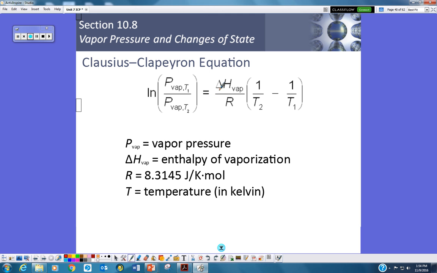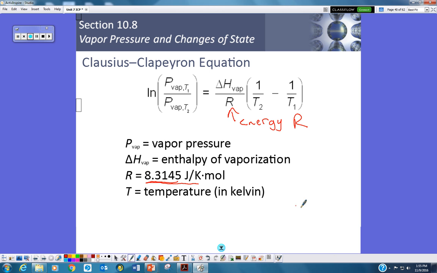It is equal to the delta H of vapor over R, and this is the energy R, which is 8.314 joules per Kelvin mole.